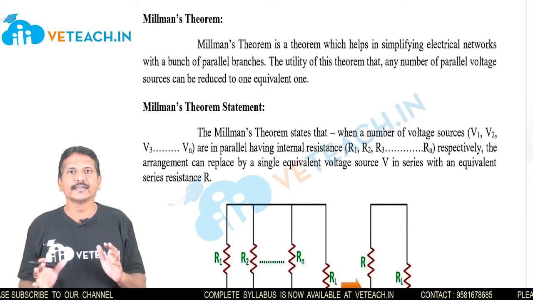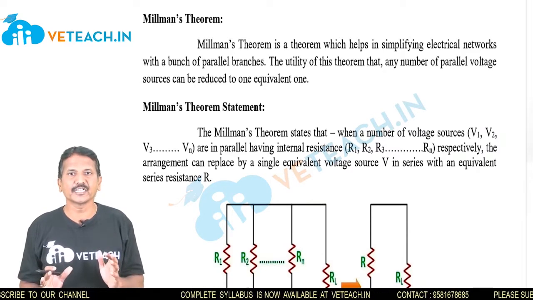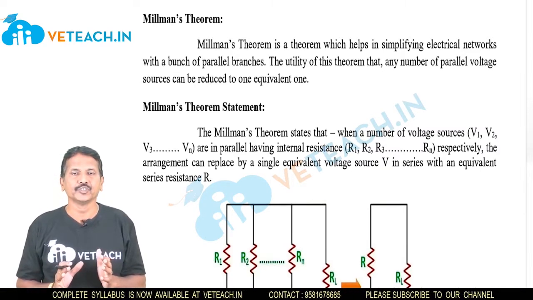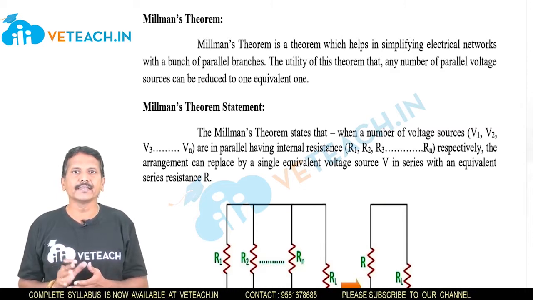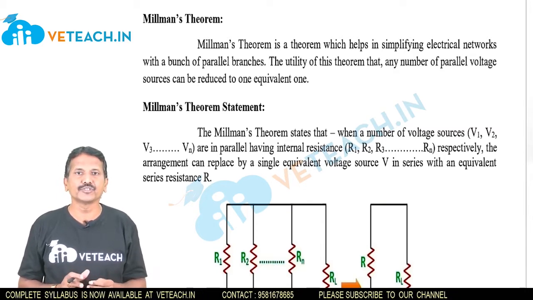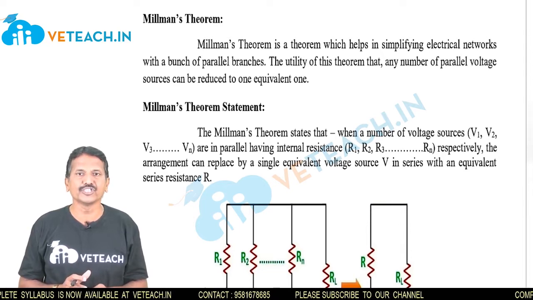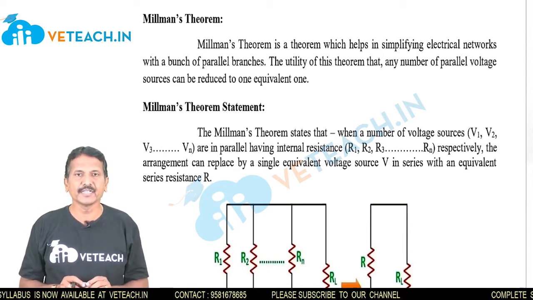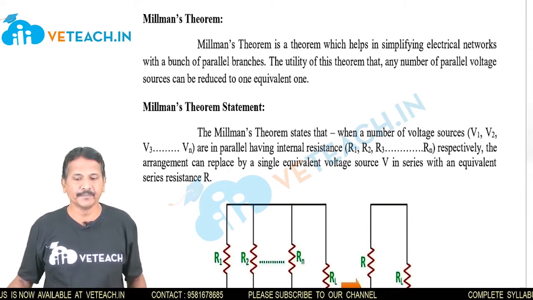Each parallel network consists of some source as well as some internal resistance. That is the information given in this Millman's theorem.